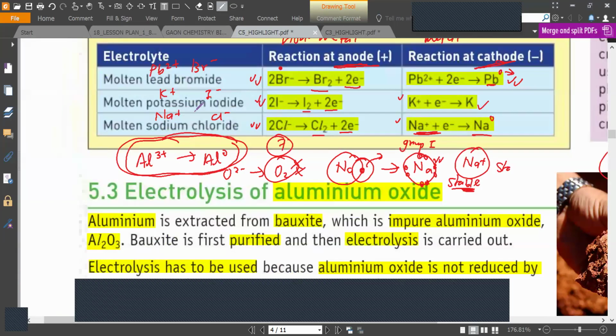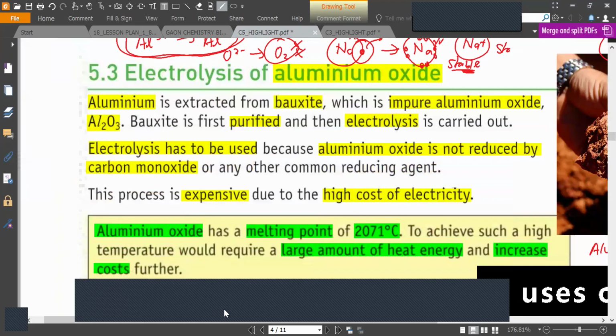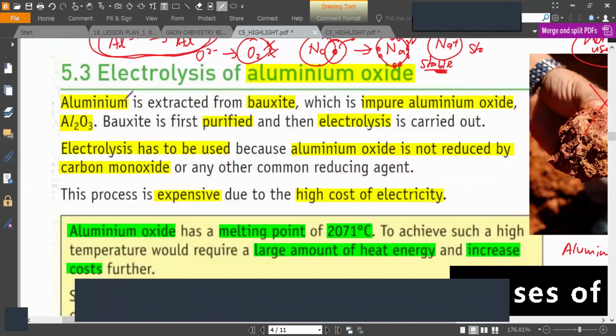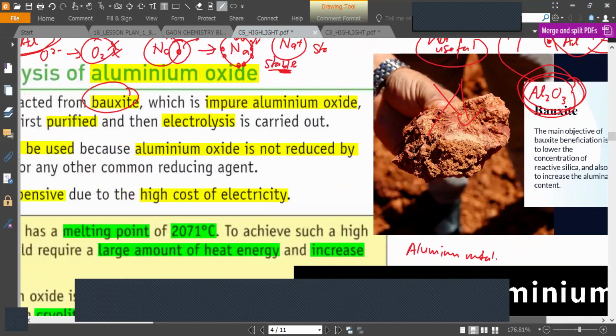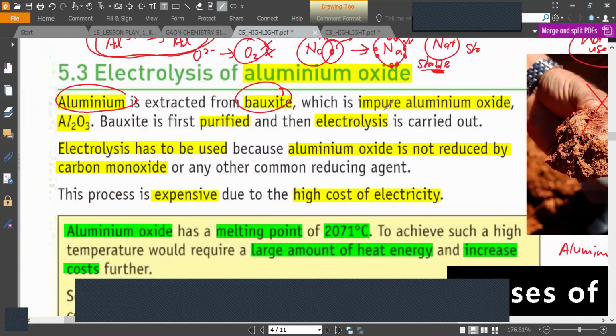Basically, this aluminium we can get extracted from bauxite. So this is the bauxite there, which is impure aluminium oxide. Maybe it has like 90% aluminium oxide, something like that.